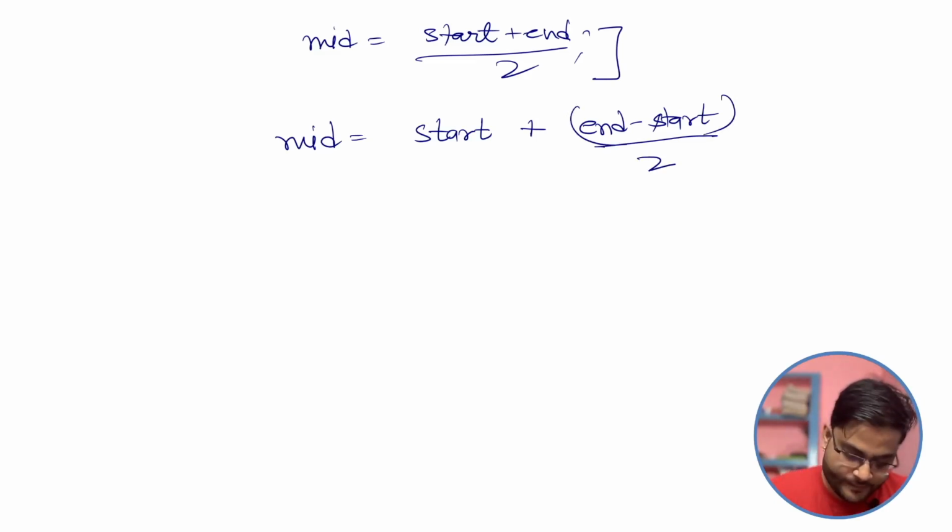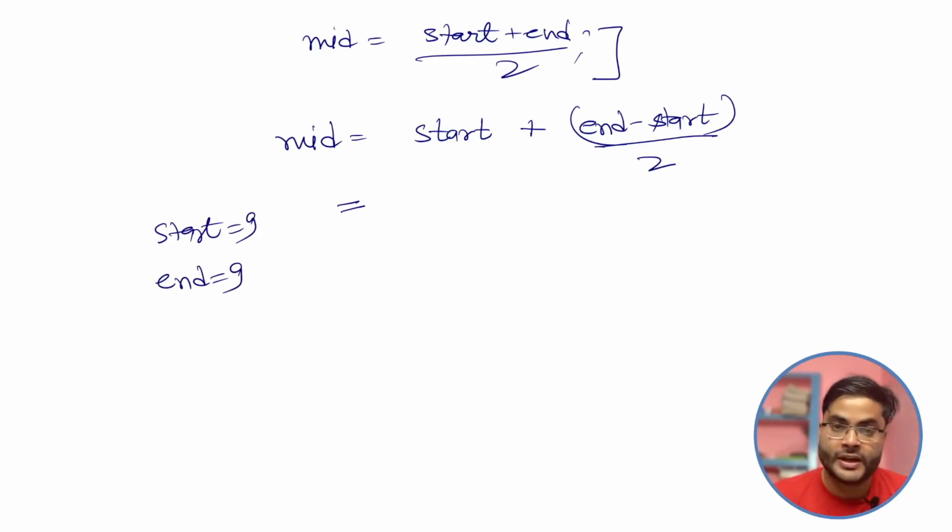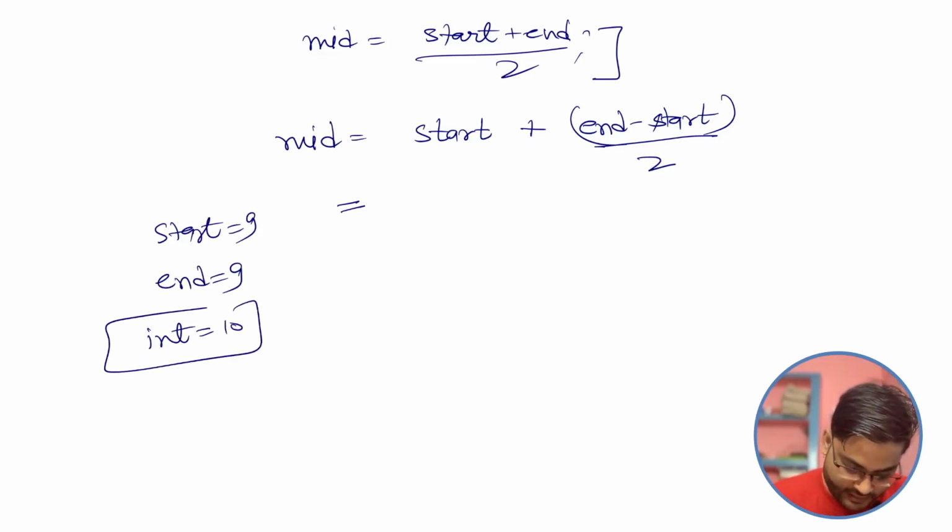So what will happen? Okay, let's see this previous example only. So my start is 9, my end is 9, and int can store only till 10, right? So start 9 plus (end 9 minus start 9) by 2.